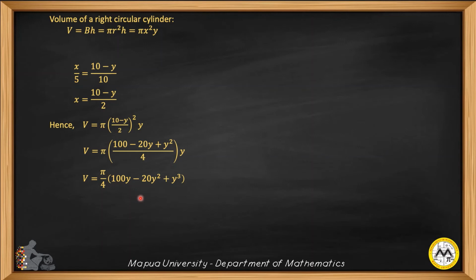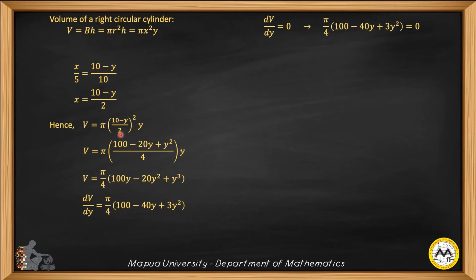Okay, now again, satisfying the condition of maximum volume occurring at a point where the first derivative is equal to 0, your next step would be to differentiate v with respect to y and come up with this expression of pi over 4 times the quantity 100 minus 40y plus 3y squared.